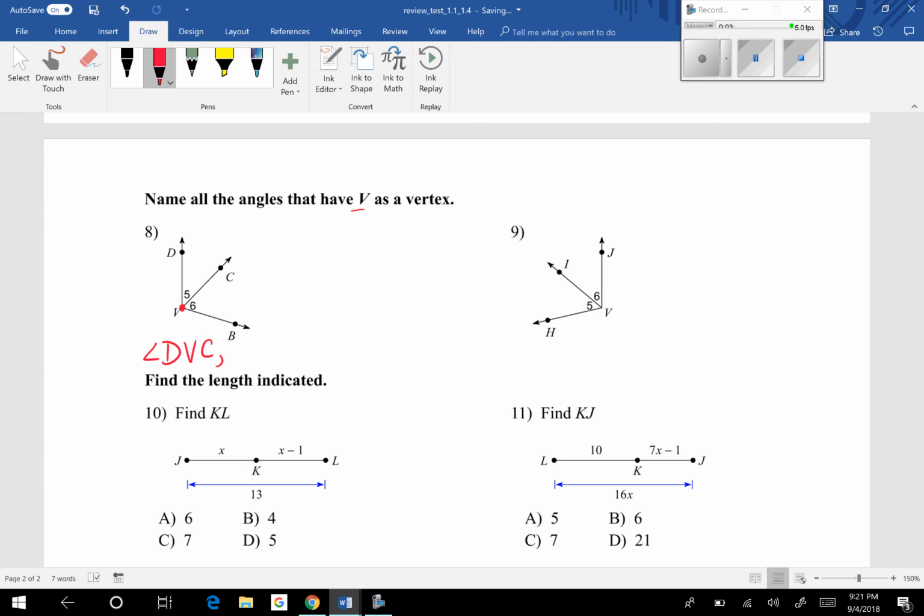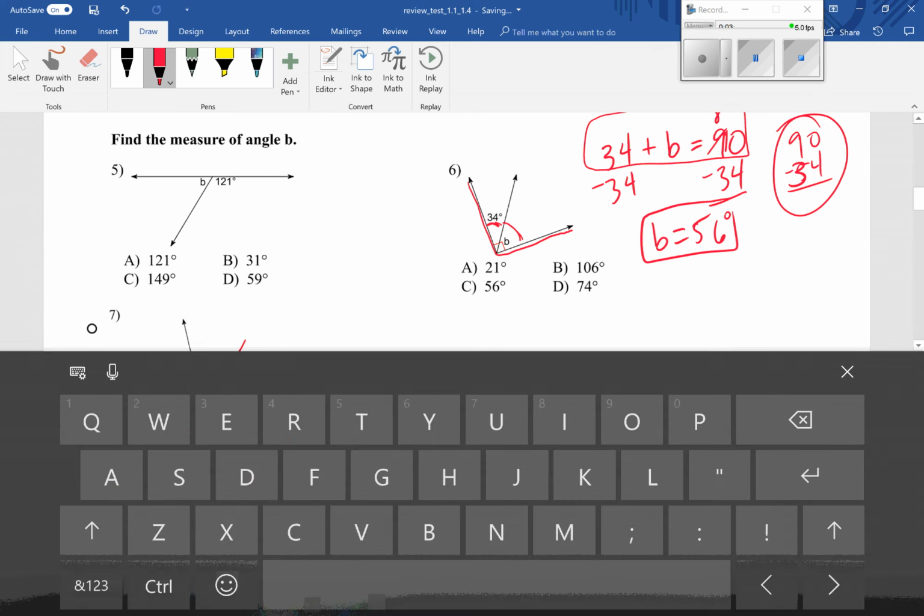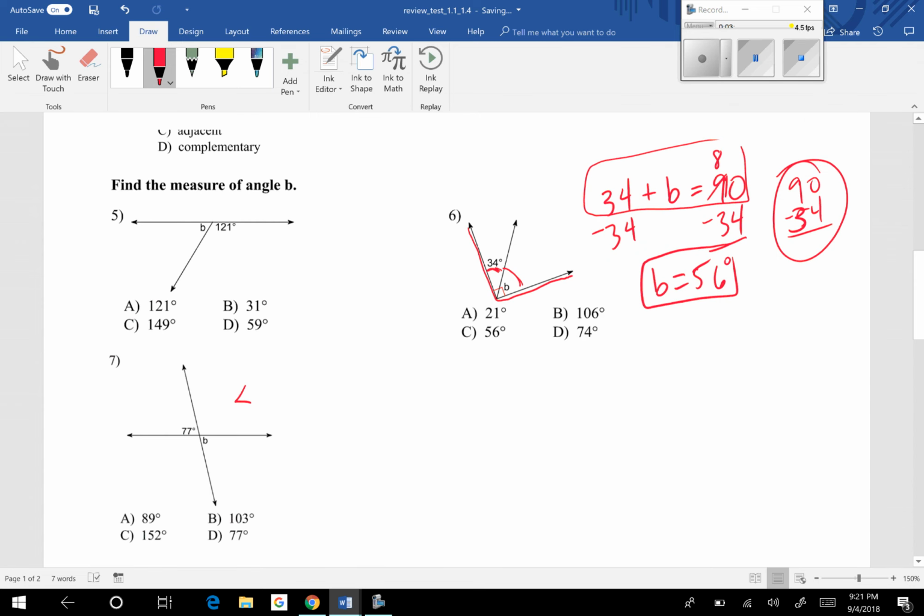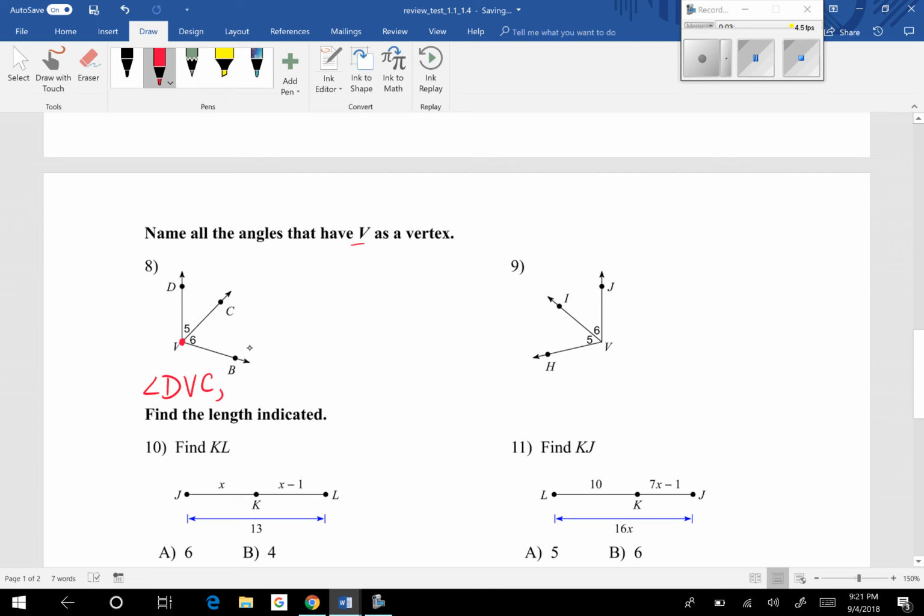Or, you could even call that same angle angle CVD. Same thing.